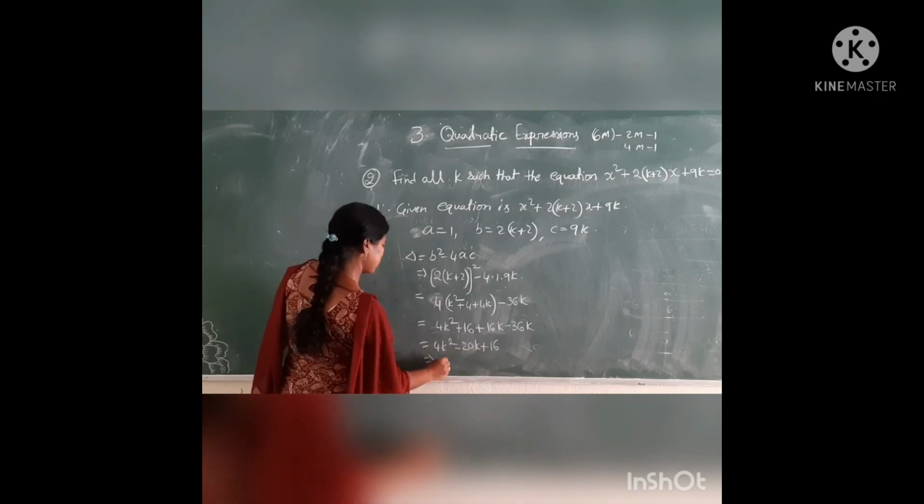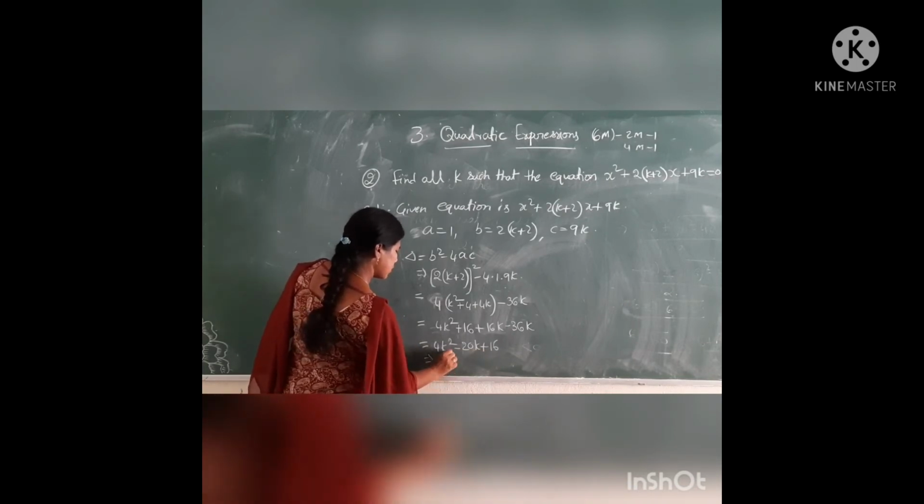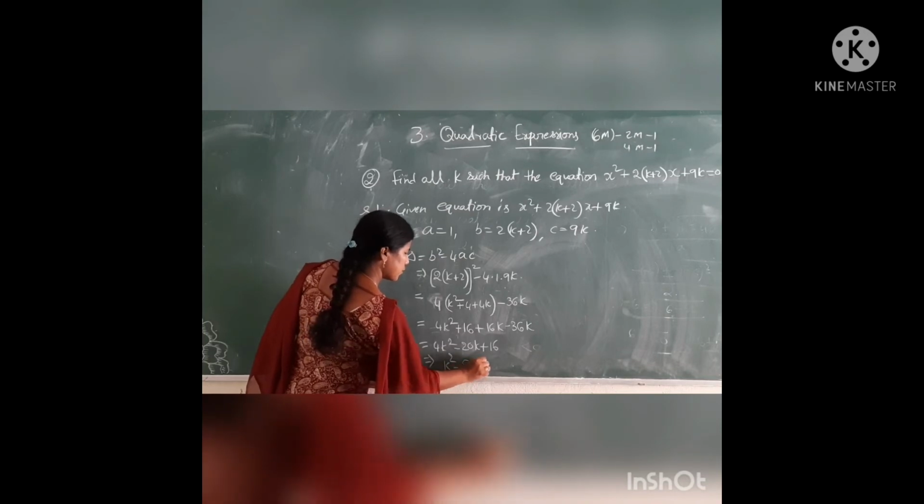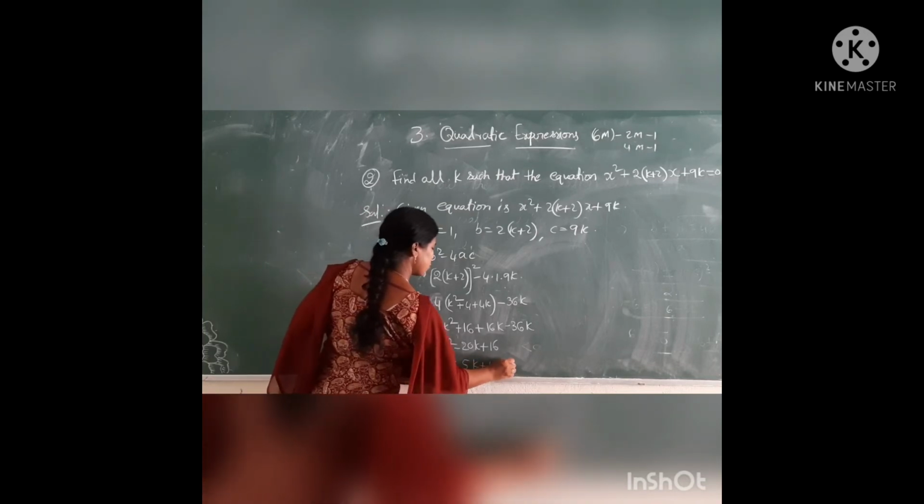Take 4 common, we get k square minus 5k plus 4, that is equal to 0.